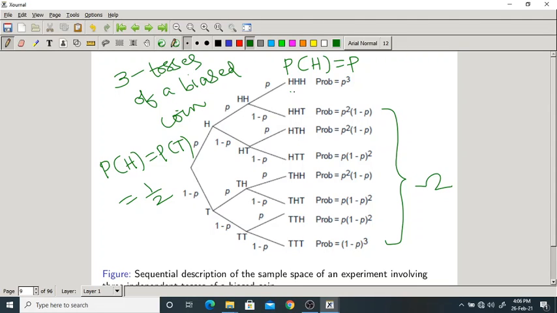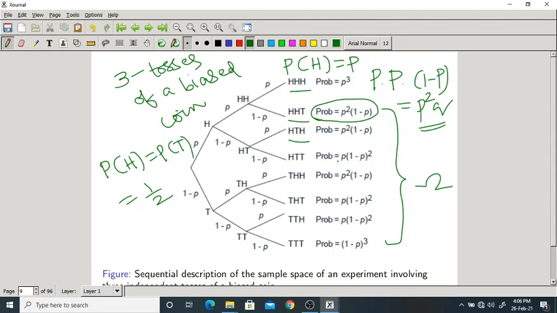Here I have written the corresponding probabilities also. What is the probability of getting 3 heads? P cube. Getting head, head, tail: head means P, head means P, tail means 1 minus P. It becomes P square into Q, otherwise P square into 1 minus P. Correct? What is the probability of head, tail, head? It is also the same.